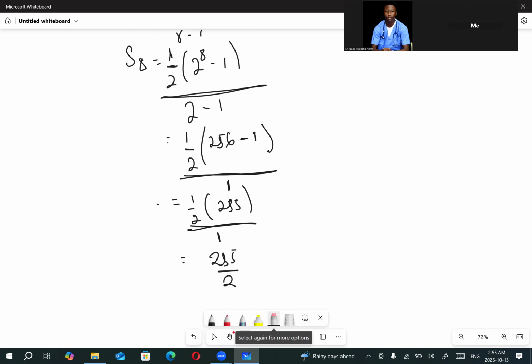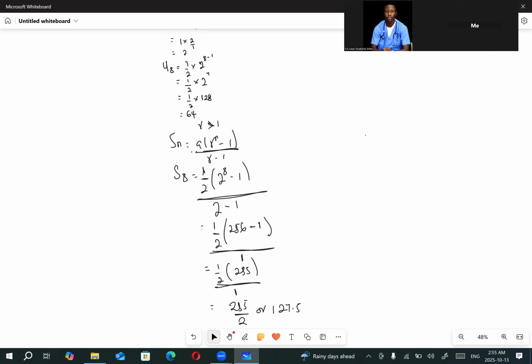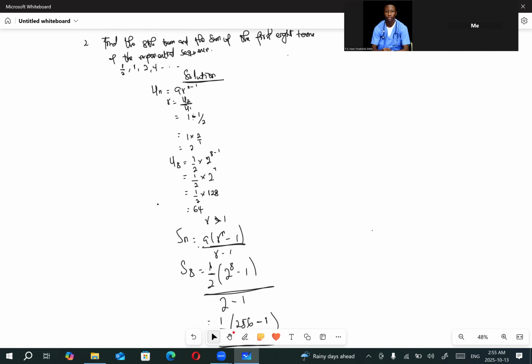You can choose to put that in a decimal if you want, or 127.5. You see this because in the sequence there is a fraction already. The sequence is half, 1, 2, 4, and you don't know what goes on.